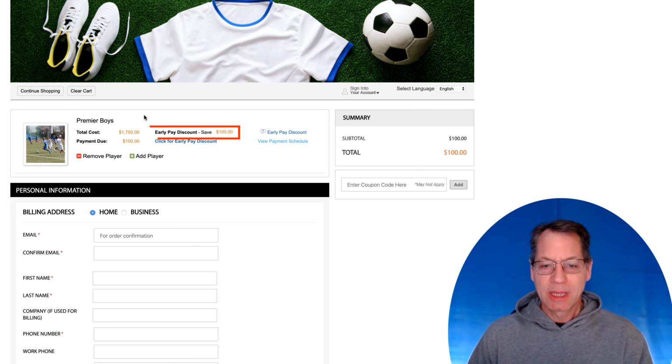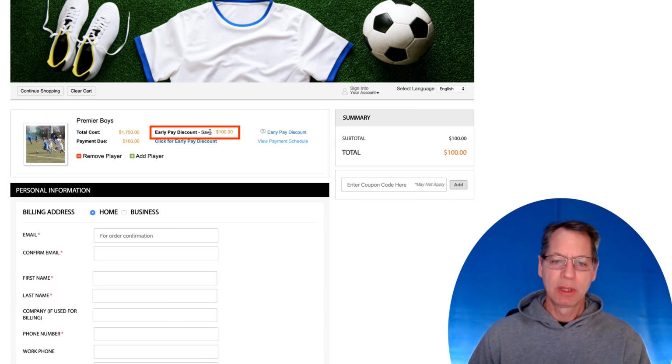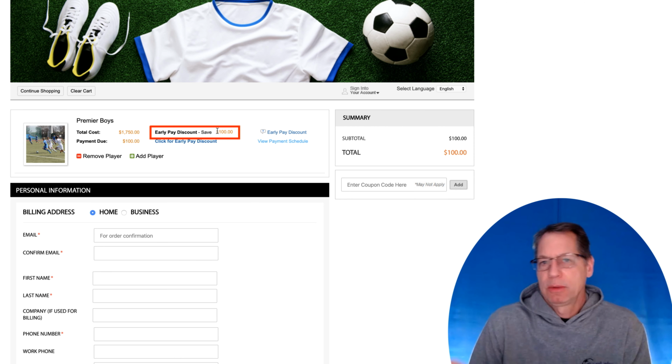Now, when we get into the early pay discounts, this is another thing that's really important because nobody is going to take the early pay discount if they don't understand it. Okay? Even worse if they don't know it exists. People just aren't going to know that an early pay discount exists if you don't tell them. And if you don't tell them, why would anyone pay you in advance or early for an unknown reason?